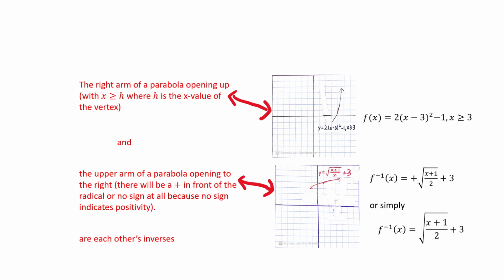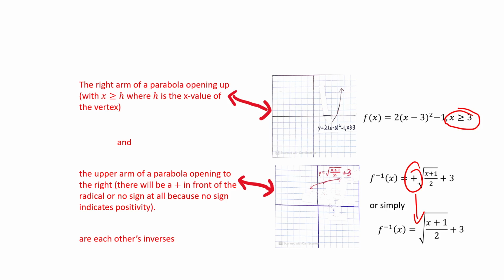Now, if I have the right arm of a parabola opening up, I know it's the right arm because I say x is greater than or equal to 3, then I'm going to have the upper arm of a parabola opening to the right. I'll have a positive sign in front of the square root. Now, of course, when you put a positive sign in front of something to indicate that it's positive, you can also choose to not put anything there at all, and we'll know it's positive.